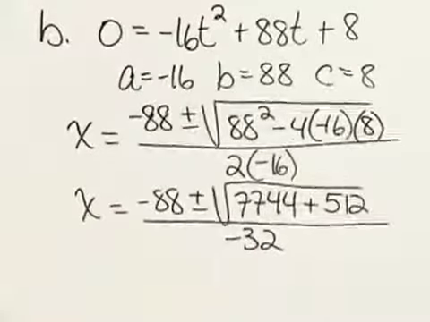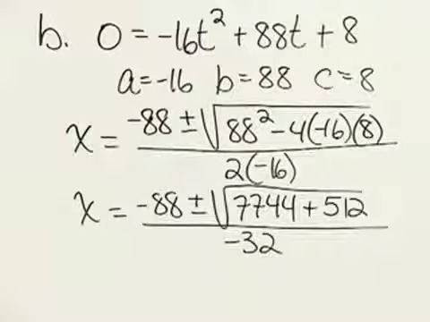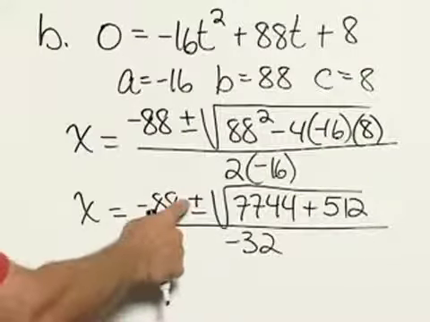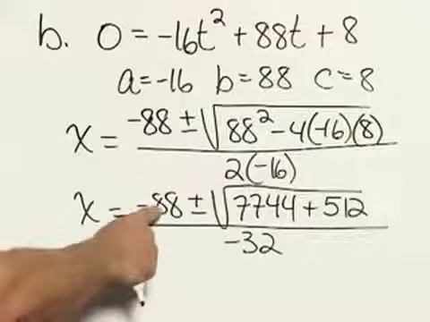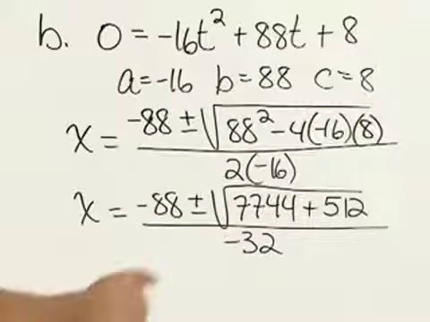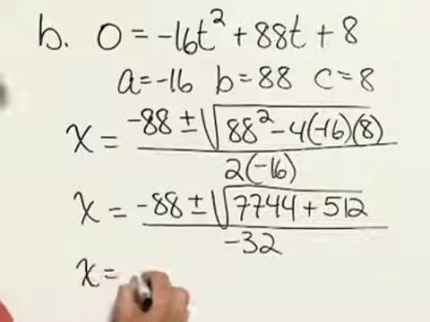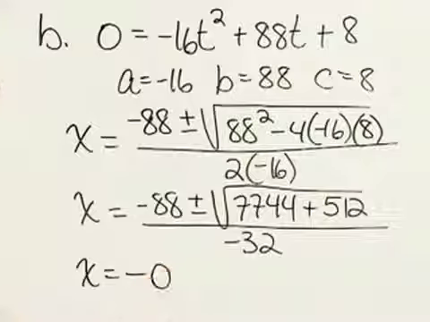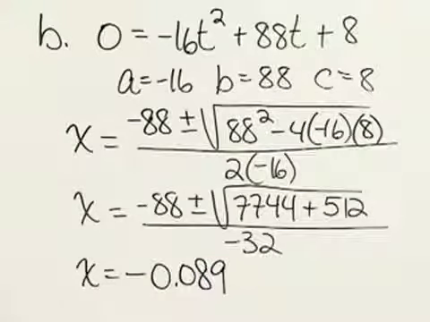Well, if we were to enter all of that into the calculator, we would have to enter negative 88 plus the square root divided by negative 32, and that will give us one result. And we would have to enter in negative 88 minus that square root divided by negative 32. The two results we get are x equals negative 0.089. Let's examine that.